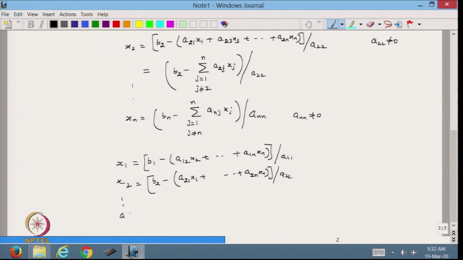And in the last, xn is equal to bn minus an1 x1 up to ann-1 xn-1, divided by ann.